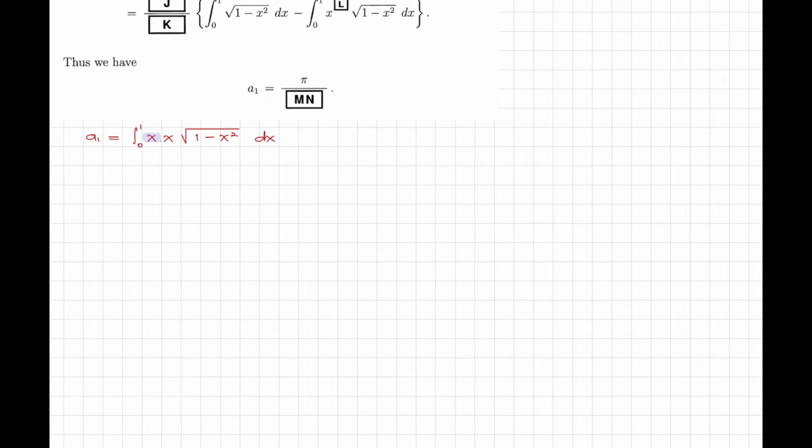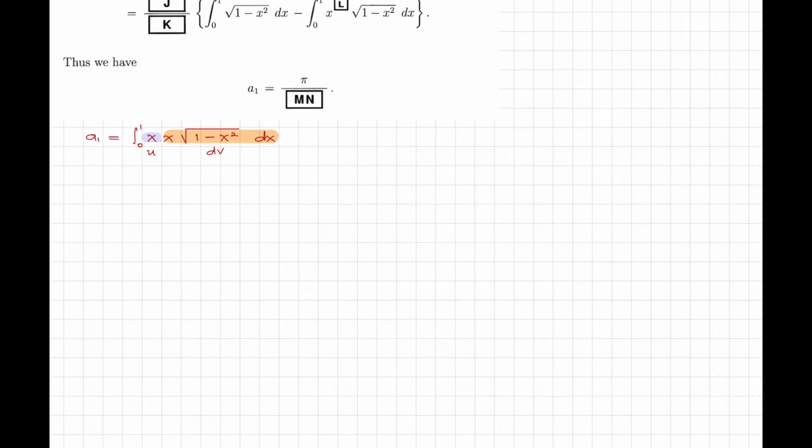This is u, and the other part is dv. So x is u and the other part is dv. The part dv should be integrated so that we can obtain v.